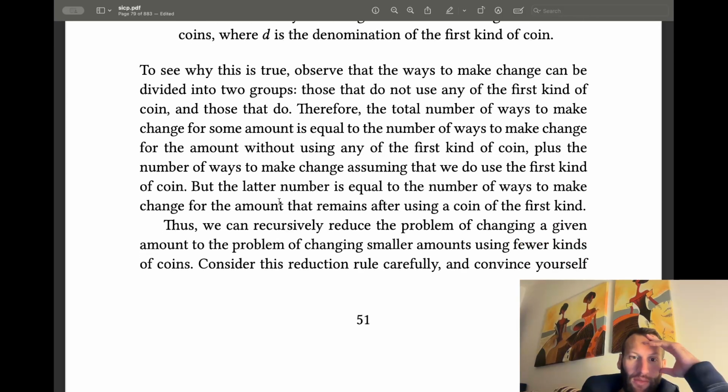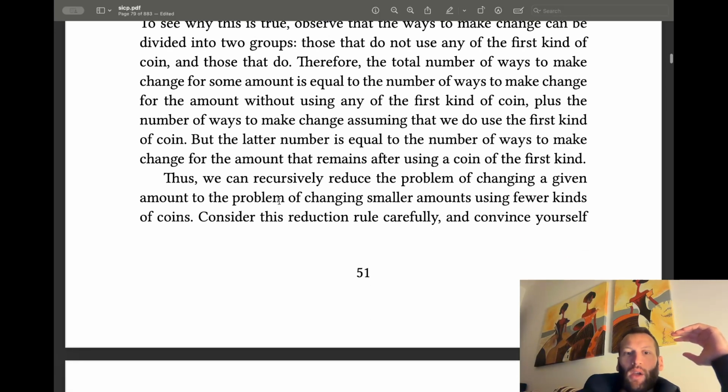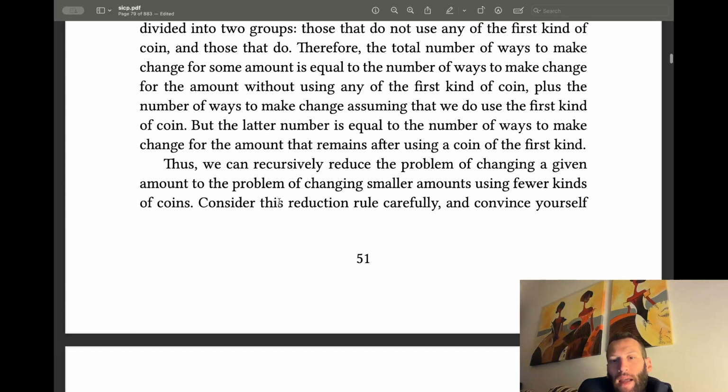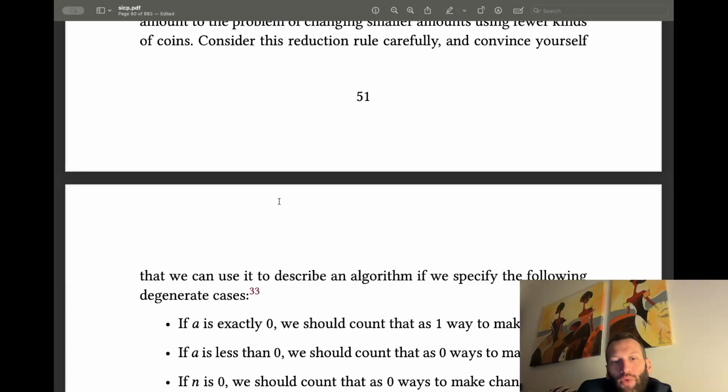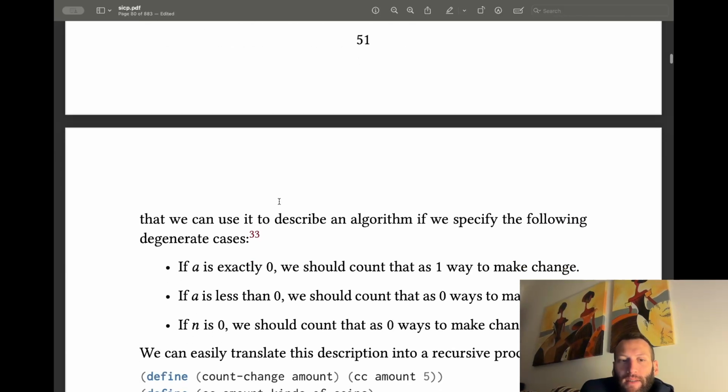Thus, we can recursively reduce the problem of changing a given amount to the problem of changing smaller amounts using fewer kinds of coins. Consider this reduction rule carefully and convince yourself that we can use it to describe an algorithm if we specify the following degenerate cases.